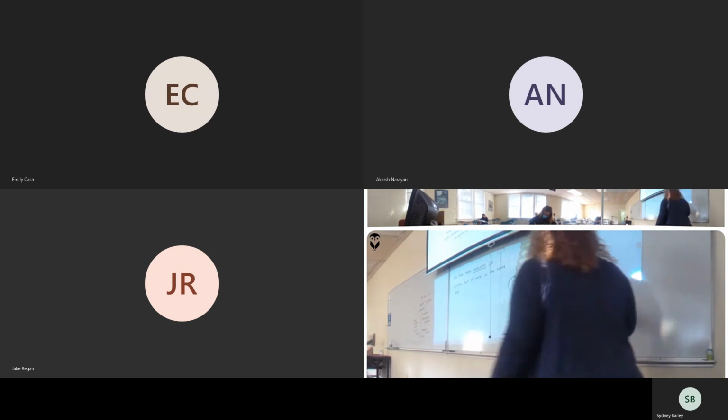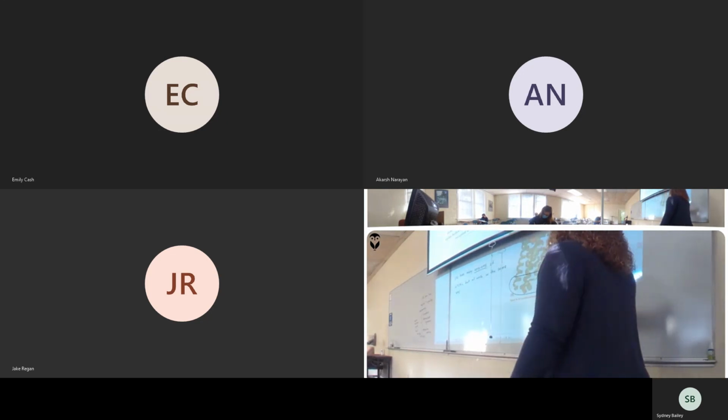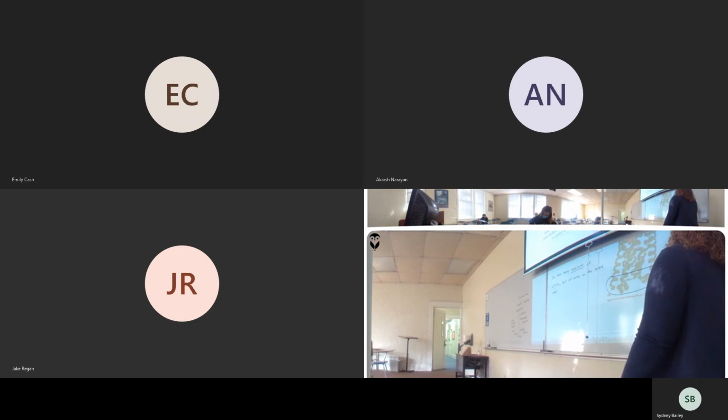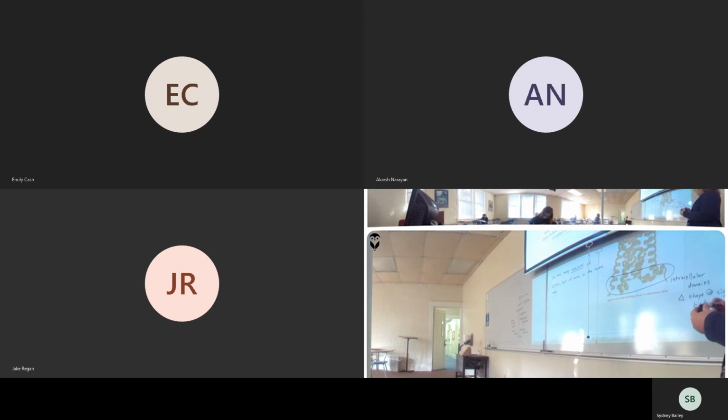The intracellular domains are going to change shape when the signal binds. And they change shape in such a way that they bind to a G protein. We'll look at how that works in a minute.